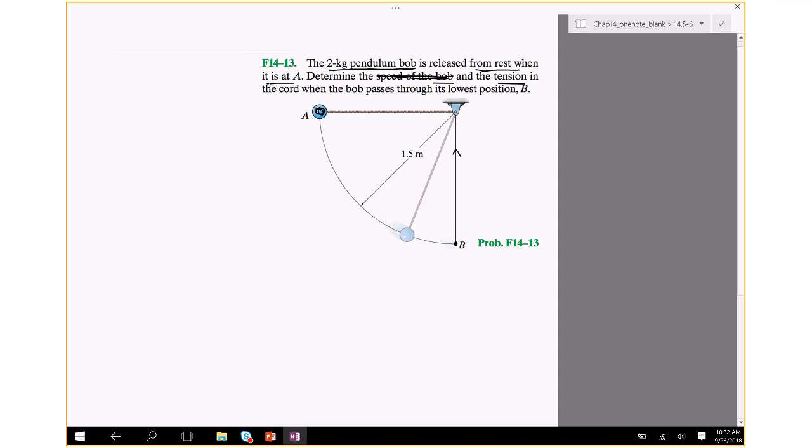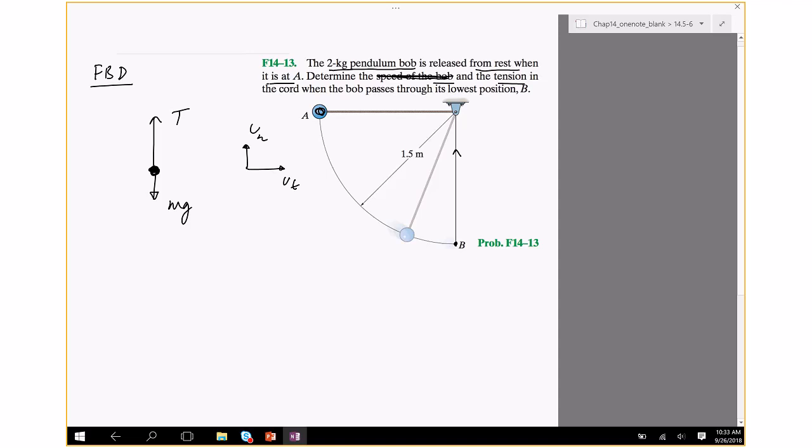Okay. Let's draw a free body diagram. Tension, and mg, and then you can use un, ut because in this case it is moving in circles.